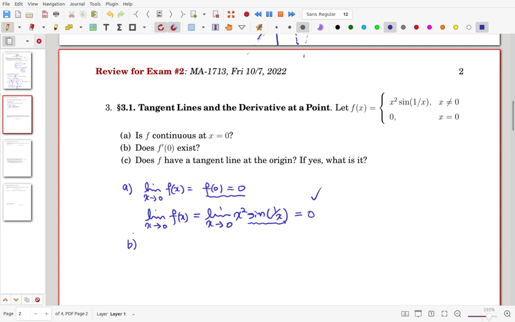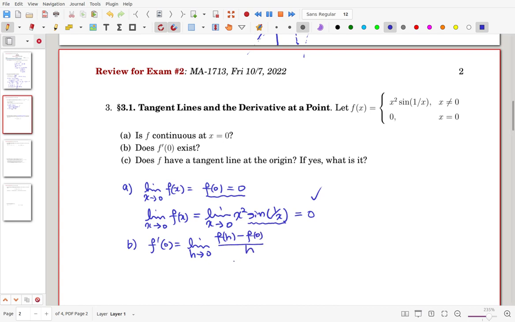How about part B? Does f prime at 0 exist? Once it is continuous, we can check the existence of the derivative. By definition, f prime of 0 is the limit as h approaches 0 of f of h minus f of 0, divided by h.